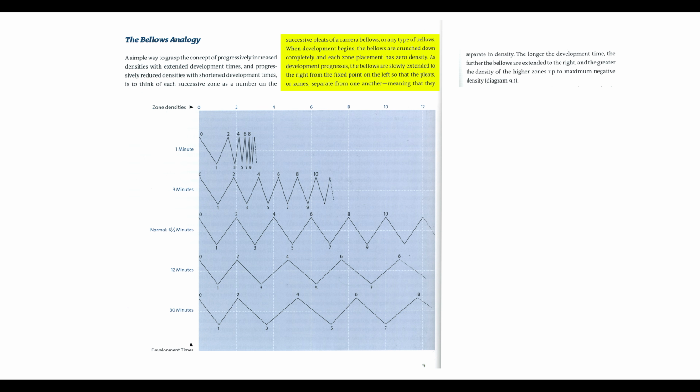When development begins, the bellows are crunched down completely and each zone placement has zero density. As development progresses, the bellows are slowly extended to the right from the fixed point on the left so that the pleats, or zones, separate from one another, meaning they separate in density. The longer the development time, the further the bellows are extended to the right, and the greater the density of the higher zones up to the maximum negative density.